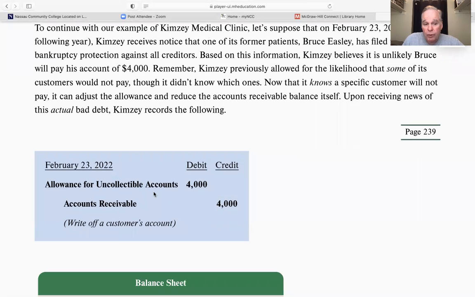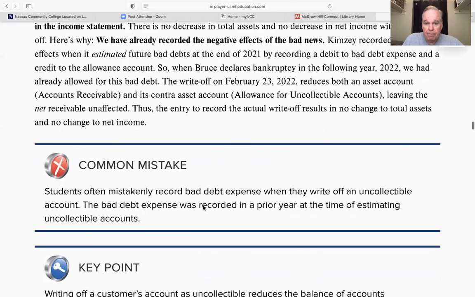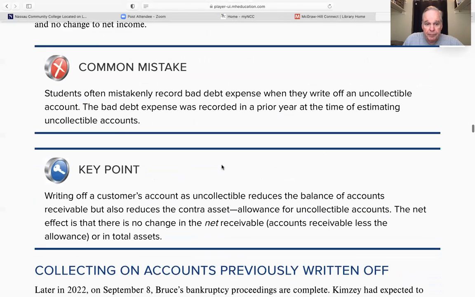Debit allowance for uncollectible accounts and credit accounts receivable. You're writing off the account. Notice they say here, common mistake. Students often mistakenly record bad debt expense when they write off an uncollectible account. Remember, the bad debt expense was recorded on December 31st, which was in a prior year.